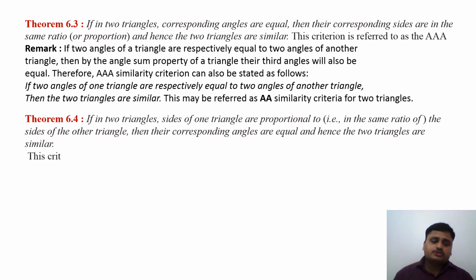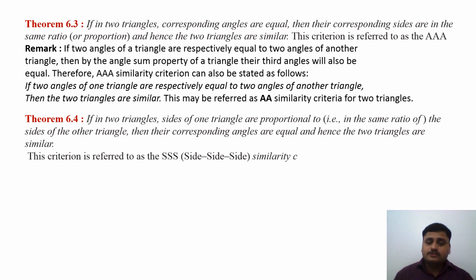This is very important, theorem 6.4. If in two triangles the sides of one triangle are proportional to the sides of another triangle, then their corresponding angles are equal and hence two triangles are similar. All three sides are proportional.